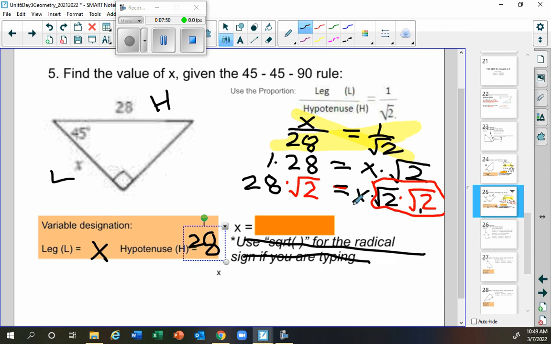Because then, what's square root of 2 times square root of 2? What do we get when we multiply the square root of 2 by itself? You just get 2. Yeah, you're right, Alex. So you're going to have x times 2. Now, did we do anything with the 28 times square root of 2? No, leave it alone for now.